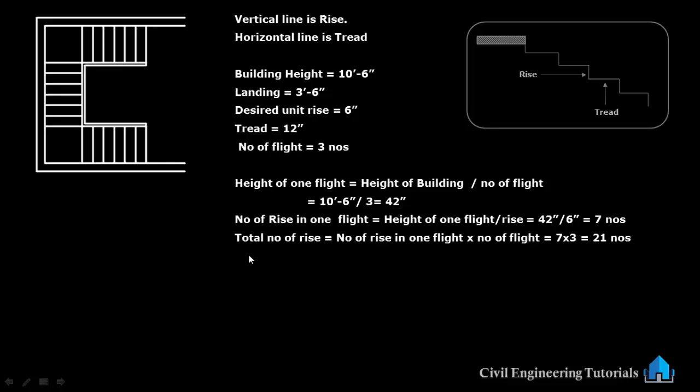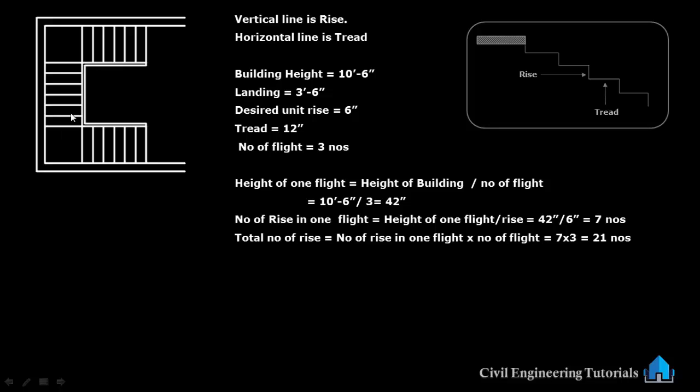Total number of rise we have calculated as 21 numbers, 7 in one flight. See here, this is tread: 1, 2, 3, 4, 5, 6, 6 numbers of treads. But these white lines are riser. We can see this riser in elevation: 1, 2, 3, 4, 5, 6, 7, 7 numbers in one flight.